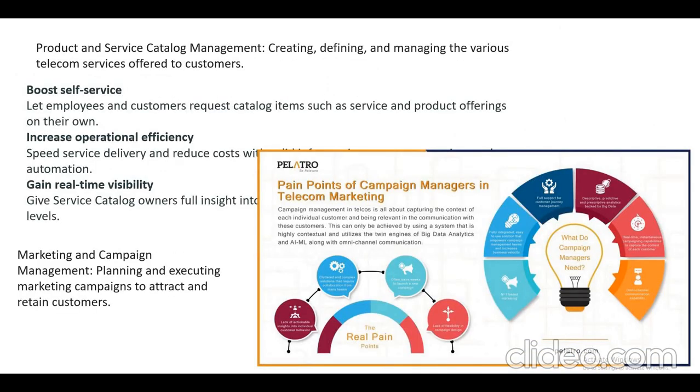This boosts the service and product catalog, increases operational efficiency, and gains real-time visibility. Now we can see the main pillar, what campaign management does: marketing campaign planning and execution to attract customers, like how the company will do it.